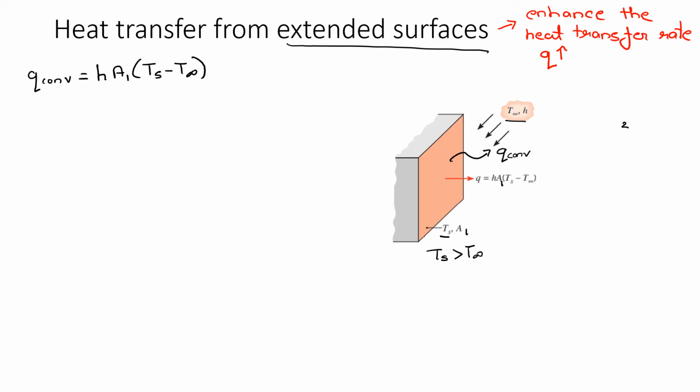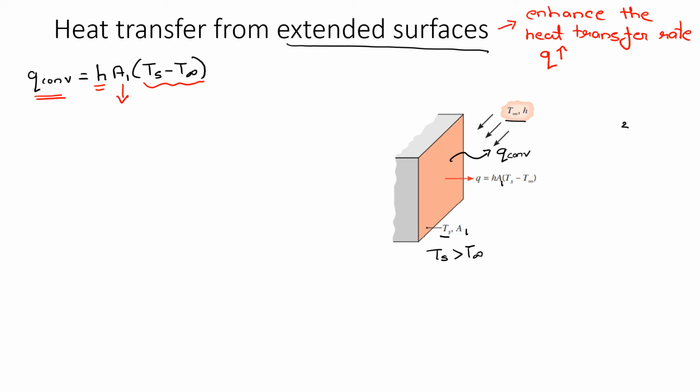So what are the two ways in which we can increase Q? We can't change the heat transfer coefficient, but we can change the area, that's the area through which heat transfer is occurring. So we can increase this, and maybe we can increase delta T, but the base temperature or the temperature of the surface will remain unchanged.